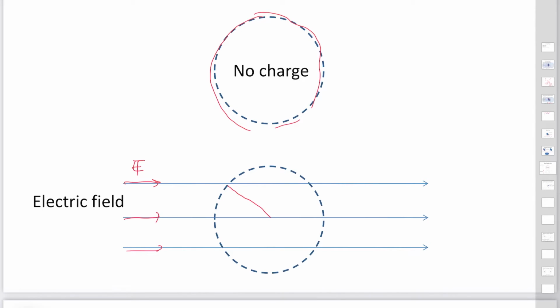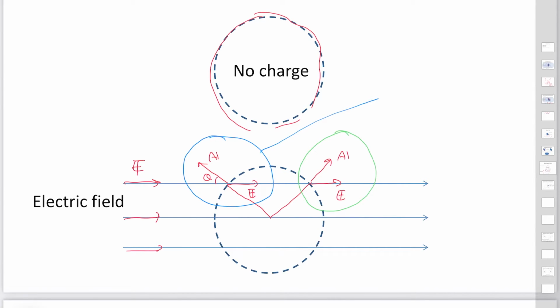Then if you consider the two positions, this is the area vector A, and this is the area vector A. Scalar product E dot A, this is E dot A. So this green part is cancelled out by the blue part, because this part is E dot A, which becomes E A cosine of pi minus theta. This becomes minus E A cosine theta.